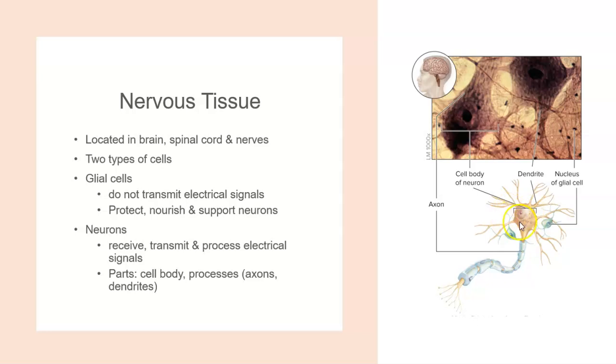Then your cell body processes that and fires a nerve impulse when it is appropriate to do so down this extension of the cell, which is an axon. So a nerve impulse will fire electrical activity down this axon, and then something happens to the cells that are on the other end of this.